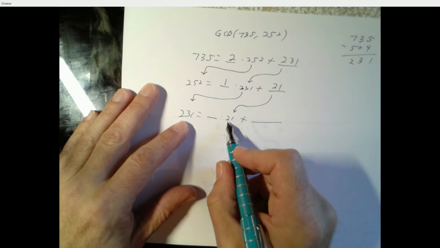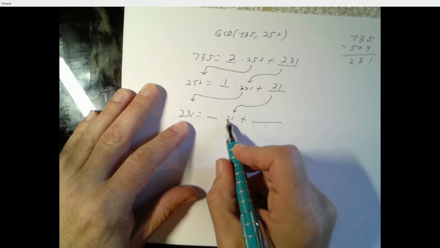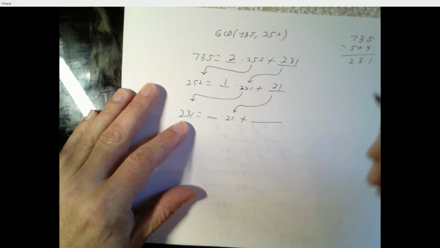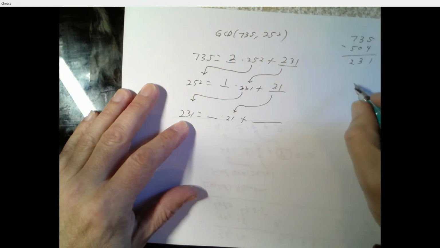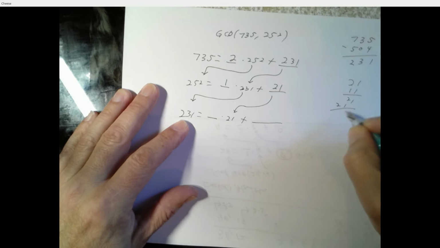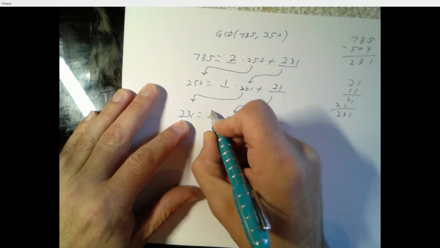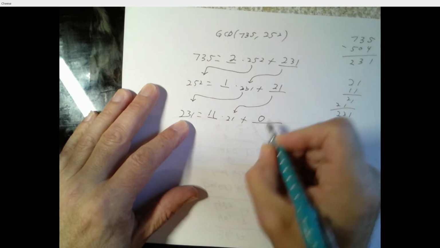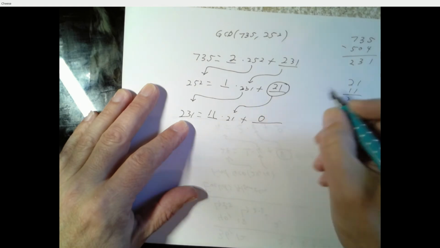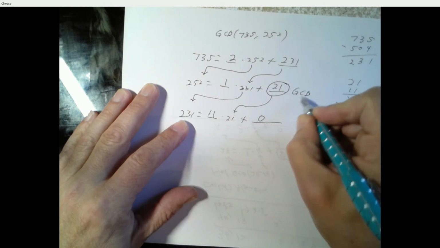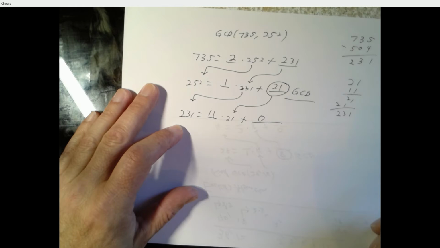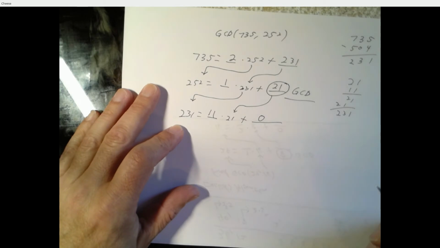I think it will. 231, 21, it will go in 10 times. That's 210. 11 times, 21 times 11 will be 231. So this is 11 times 21 plus 0, which means this last remainder that we had, that's the greatest common divisor. So it's a totally mechanical procedure.